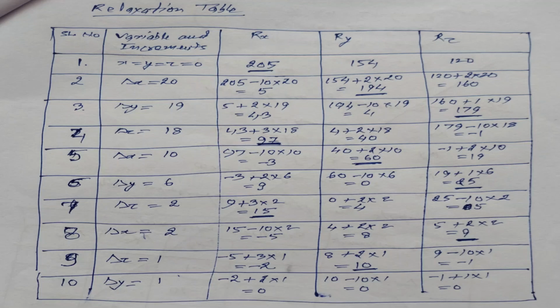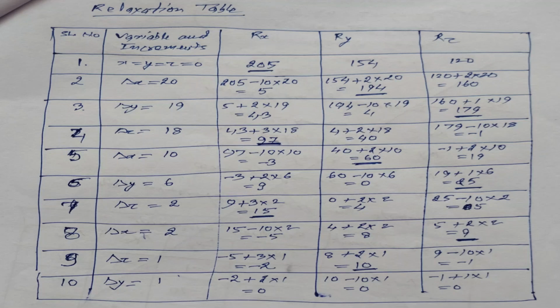Now, Rx equal to 15 is the greatest residual. So, we take delta x equal to 2, and then Rx becomes 15 minus 10 into 2, that is minus 5. Ry becomes 4 plus 2 into 2, that is 8. And Rz becomes 5 plus 2 into 2 equal to 9.